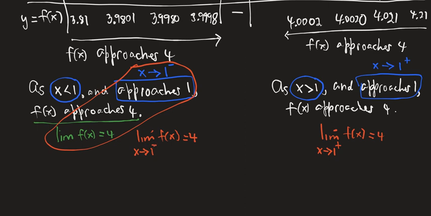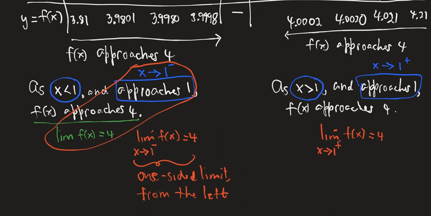So from one specific direction, if I plug values of x closer and closer to this number into my function, and I get a number out, we refer to this as a one-sided limit. And this one specifically, since the values of x are to the left, we refer to it as a one-sided limit from the left.